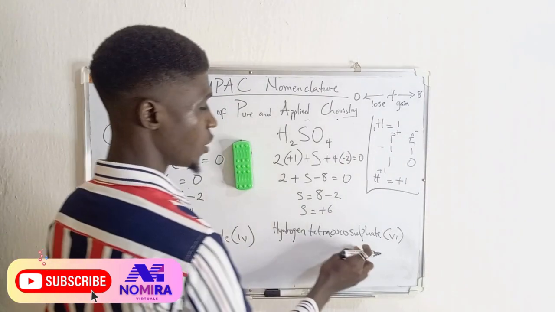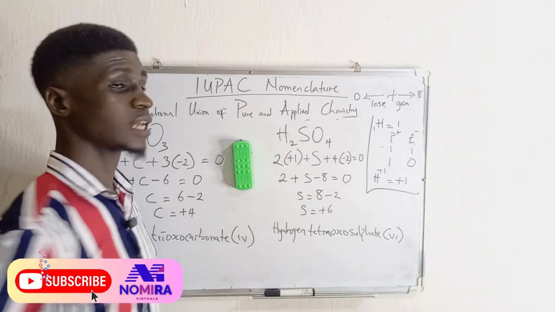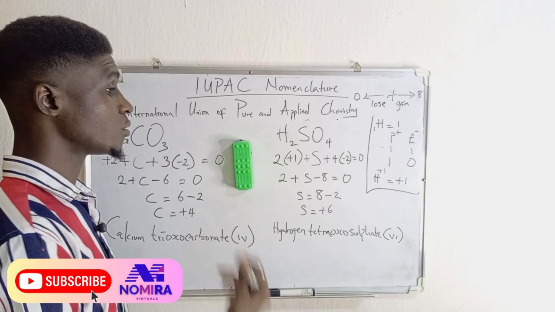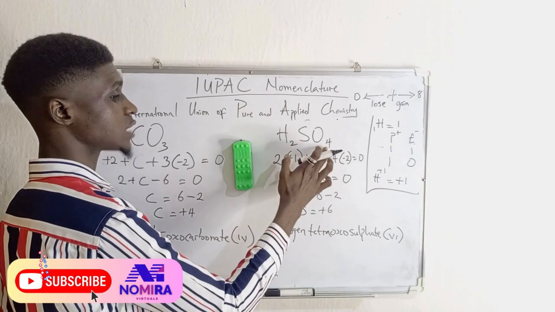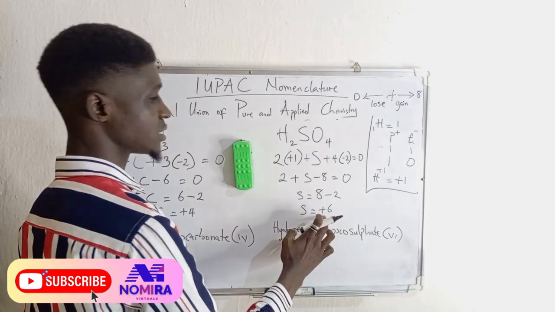Hydrogen tetraoxosulfate 6. If you want to call this an acid, knowing that hydrogen indicates that this is an acid, you have to start from here, which is tetraoxosulfate 6 acid.